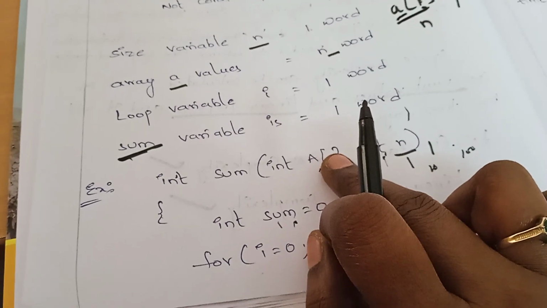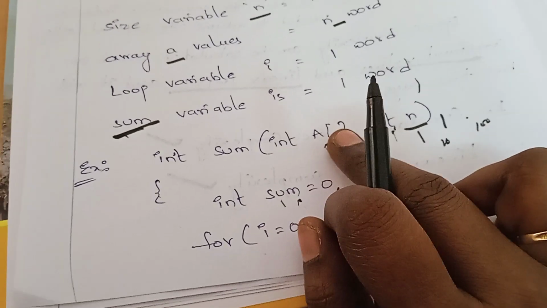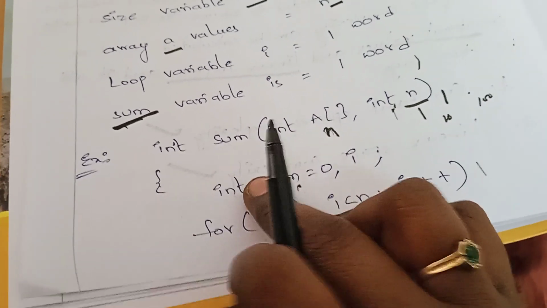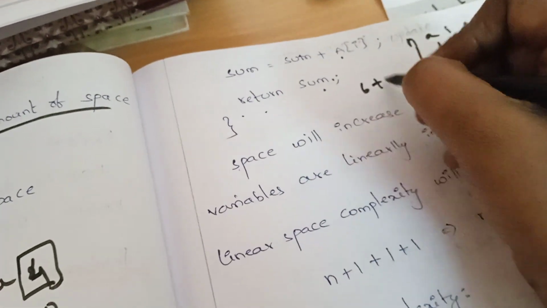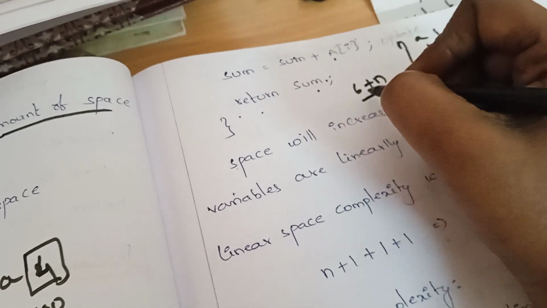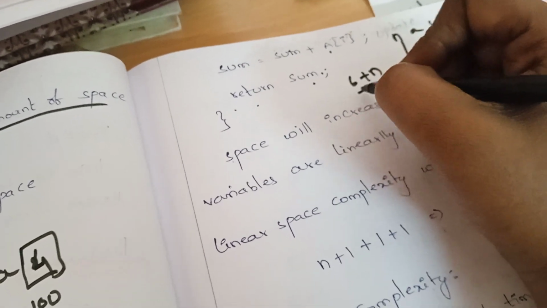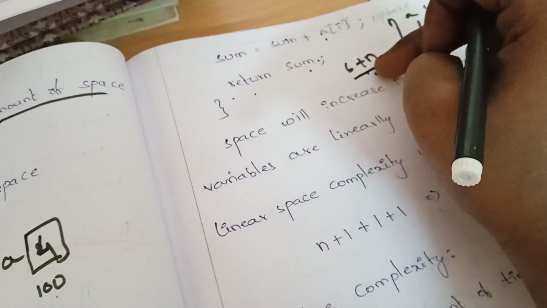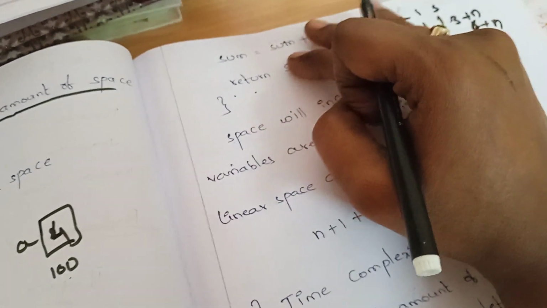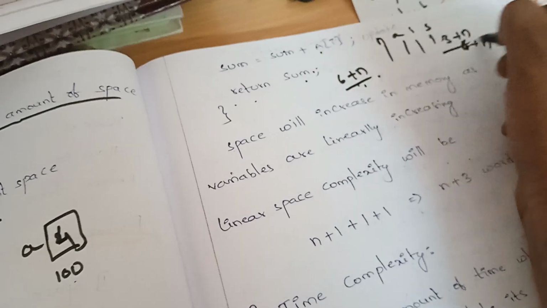One line of instruction takes one word of space: 2, 3, and this is n, then 3, 4, 5, 6. Total 6 plus n. The instruction space complexity of this algorithm is 6 plus n. The data space complexity of this algorithm is 3 plus n.